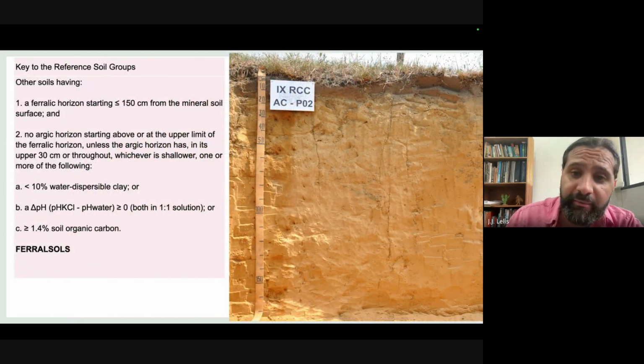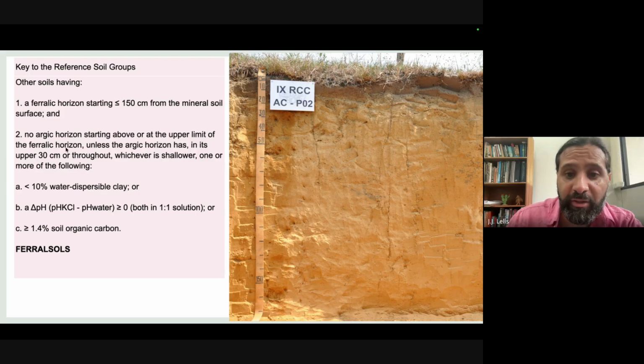Okay. And we also have the Ferralsols. The Ferralsols are the most typical soils in the tropics, especially in the wet tropics. They are those soils that cannot be classified in the previous reference soil groups. First of all, they have a ferralic horizon in the first 150 centimeters below the soil surface, and no argic horizon starting above or at the upper limit of the ferralic horizon.